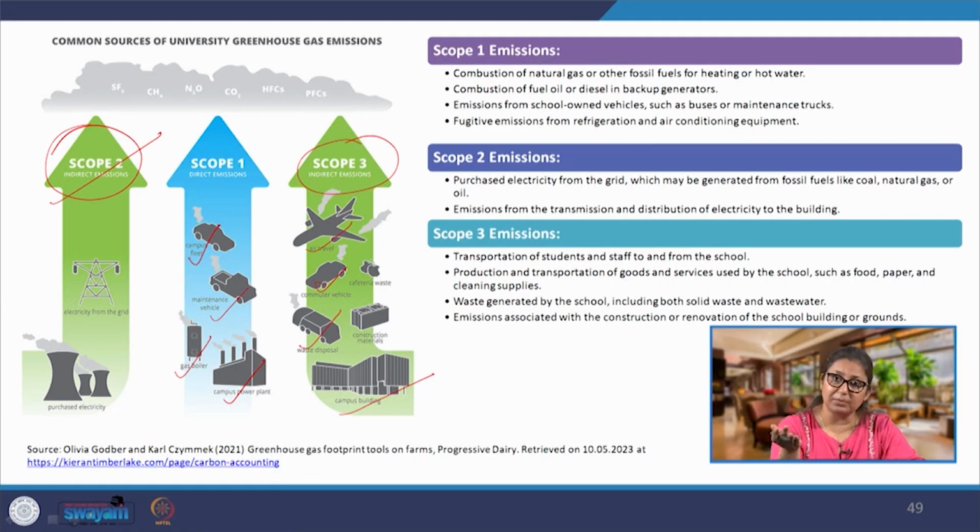So, what can we do about it? How can we reduce that? If we make our buildings thermally comfortable, which do not require mechanical systems for maintaining comfort, which are passively cooled or heated depending upon the climate that we are in, we will be able to reduce the requirement of electricity itself and thereby reduce the scope 2 indirect emissions.